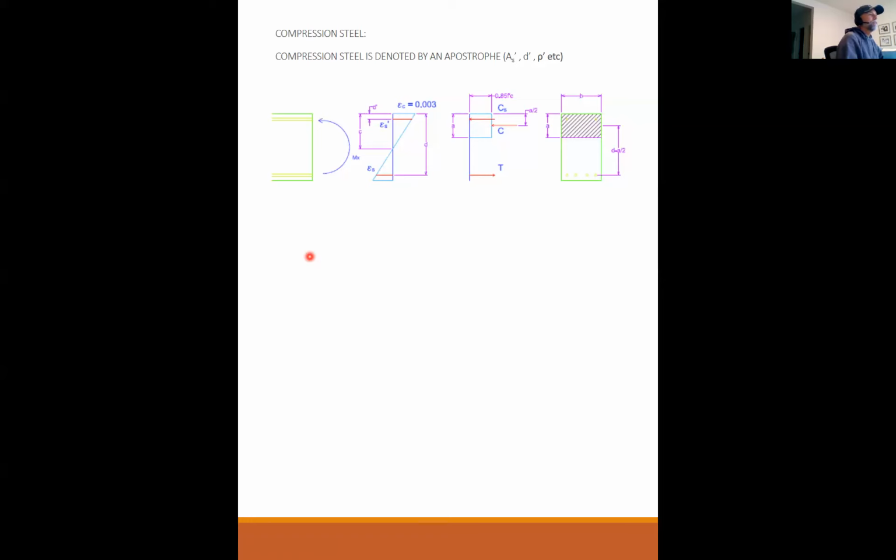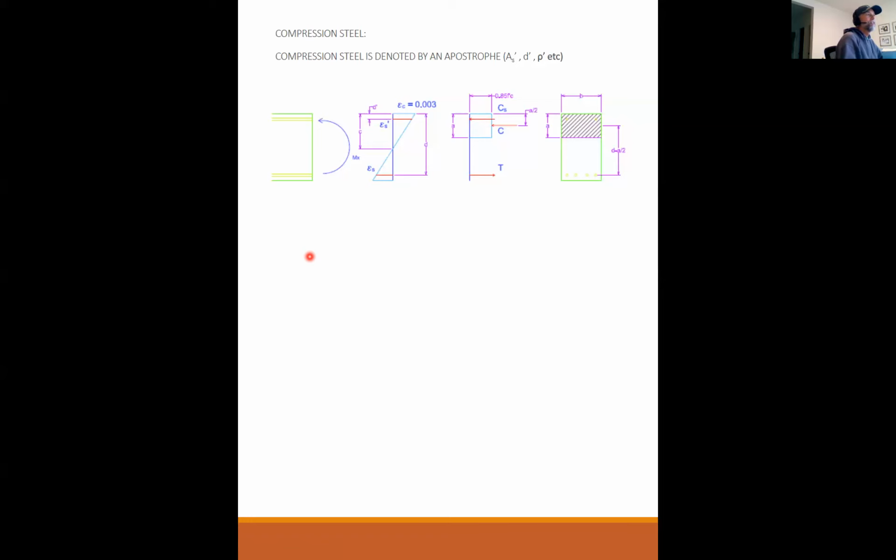For T-beams, we had two distinct behaviors. Either a T-beam thinks it's a rectangular beam, or the T-beam behaves like a true T-beam. So we assumed one, and then we ran it down to a point, and then we either proved that it was, or we proved that it wasn't a rectangular beam.